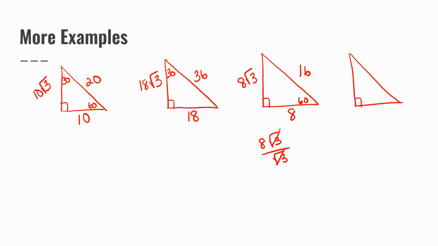And we'll do this one more. If I have 7 square roots of 3, if I take 7 square roots of 3 divided by my square root of 3, those will cancel out, so I'll be left with 7 for my shorter leg and double it to get my hypotenuse.